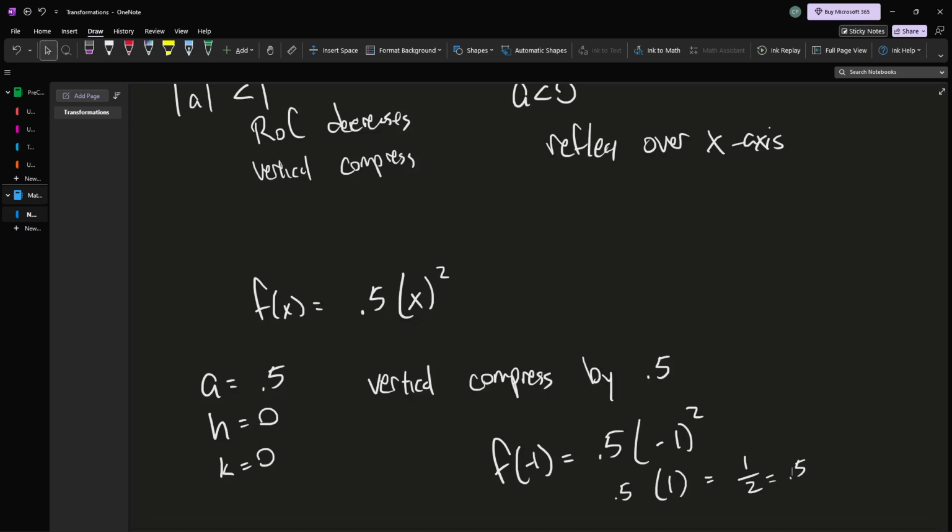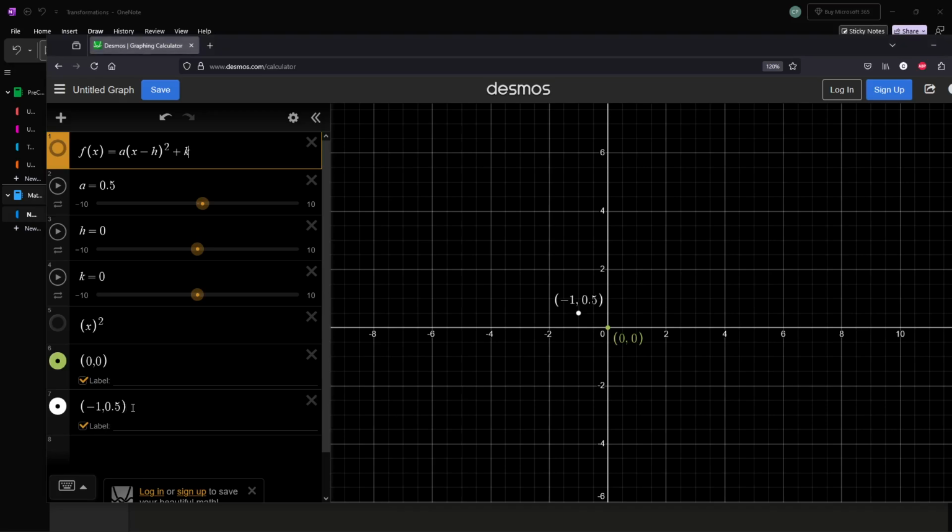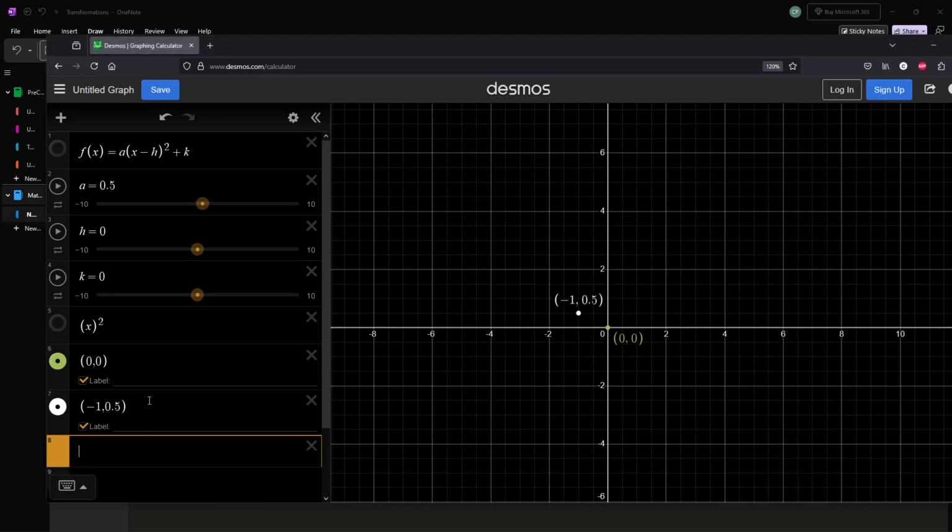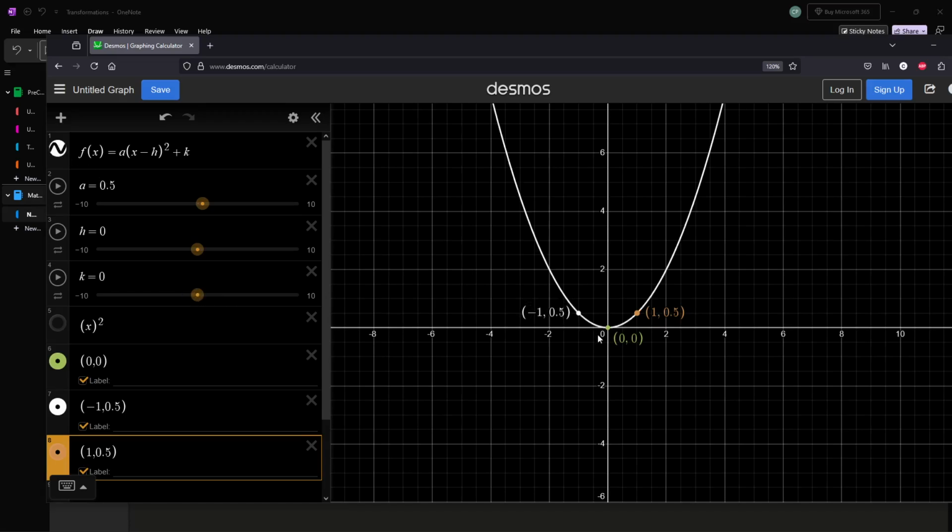We use our formula to find our points. We use it to find the one to the left. We use it to find the one to the right. And now our graph ends up being just like that.